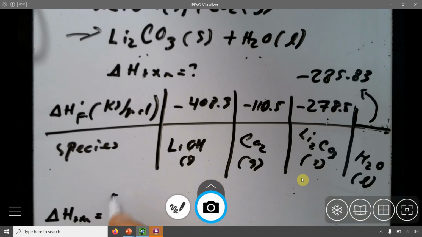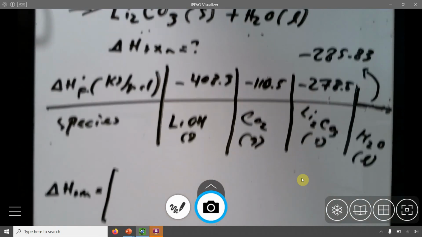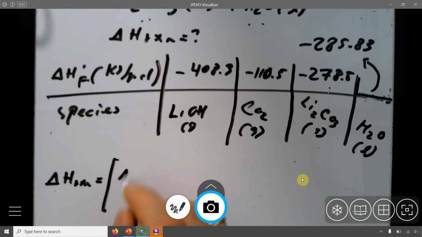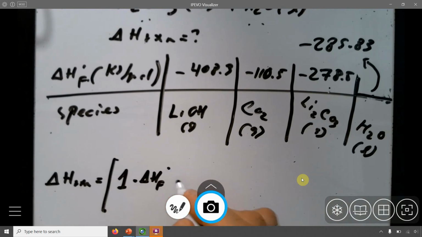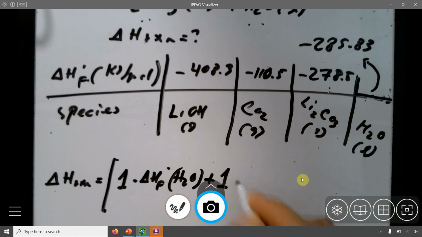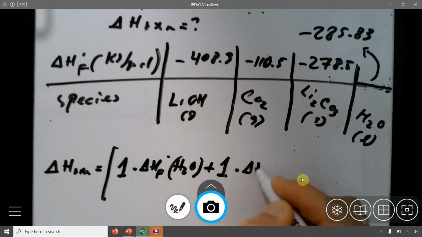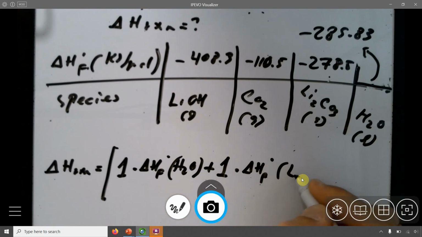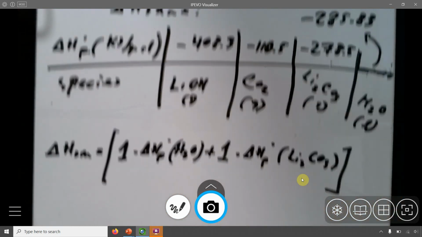So I'm going to write products here: 1 times delta H of formation of H2O plus 1 times delta H of formation of Li2CO3.